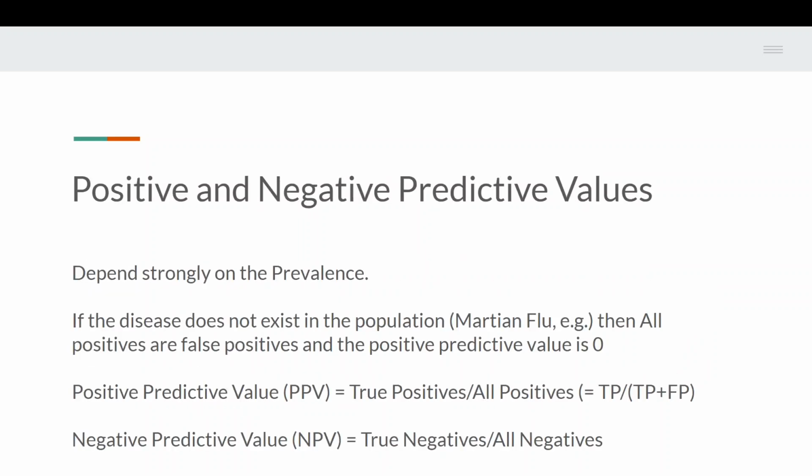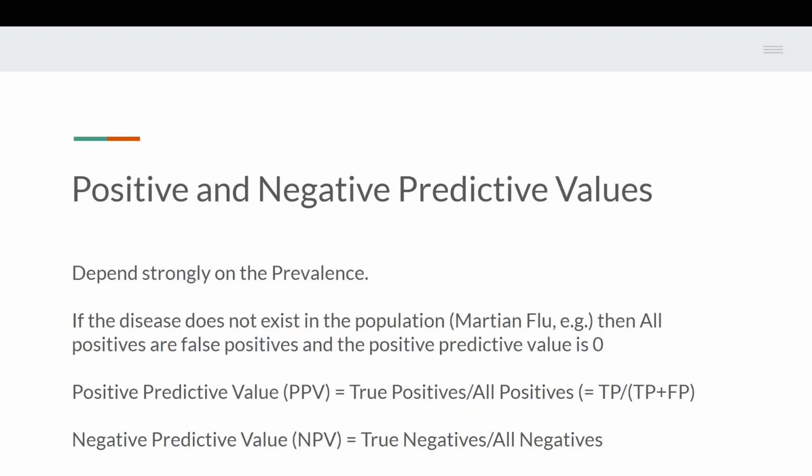So then, positive and negative predictive values. Note that sensitivity and specificity actually do not depend upon the prevalence. In the case of positive and negative predictive values, they very strongly depend on the prevalence.